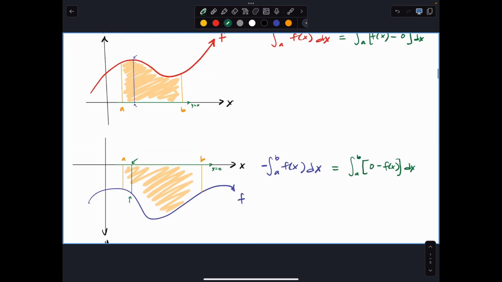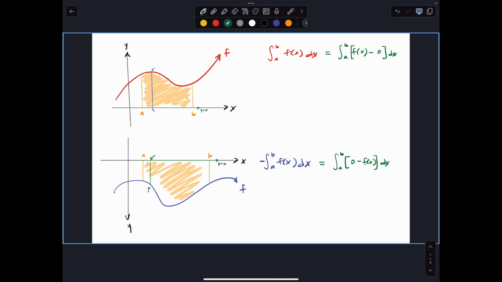So we have been technically calculating area bounded between two curves. We just didn't really think of it because one of the curves was always y equals 0. But we can think about calculating area bounded between two other curves by integrating on the interval from a to b, whatever the area is that you're trying to calculate, of top function minus bottom function.